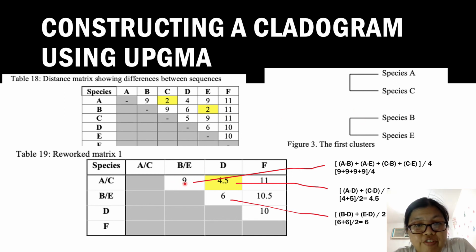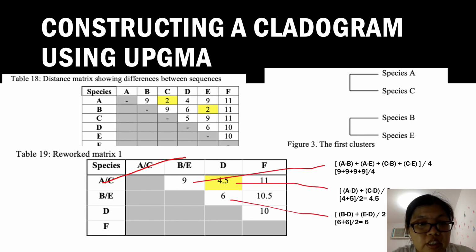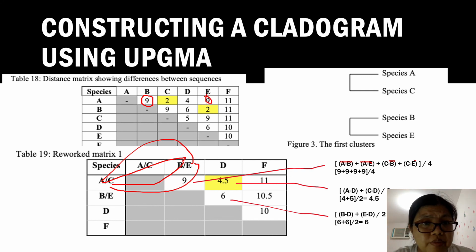So this 9 here came from A to B and A to E, and then C to B and C to E. So A to B is 9, A to E is 9, C to B is another 9, and then C to E is another 9.